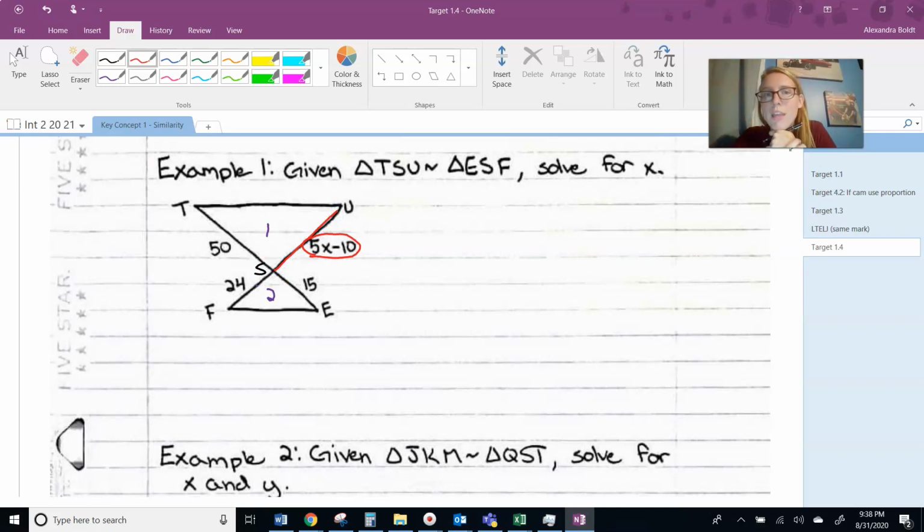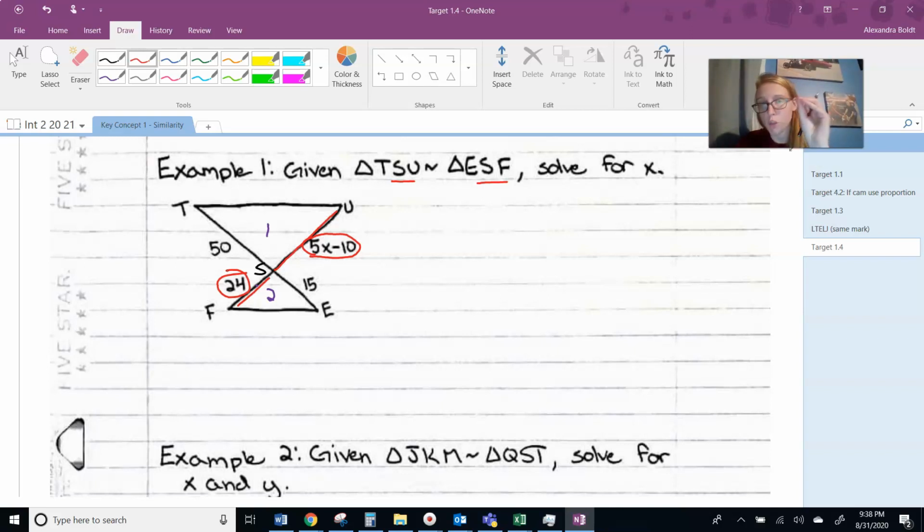And just like everything else we've done, we're going to compare this, right? This is in triangle 1, and we're going to compare it to triangle 2. Okay, so if I look where S and U are, S and U is going to go with S and F. Again, I want to use the names to double check which sides go together.